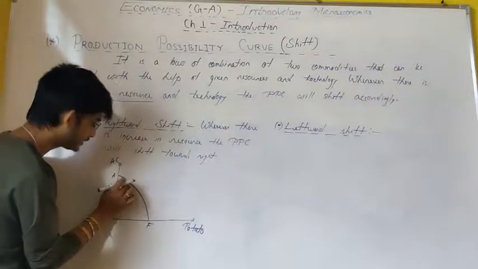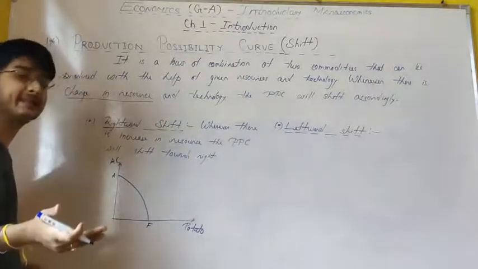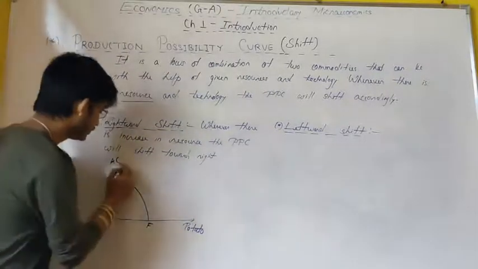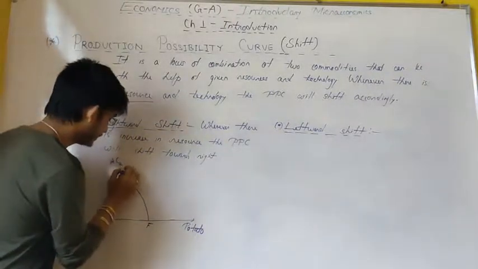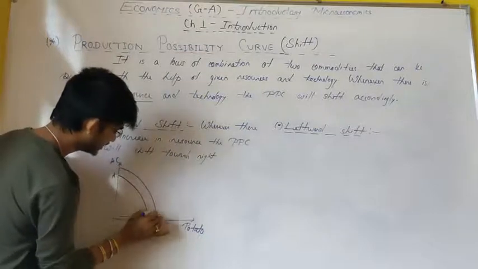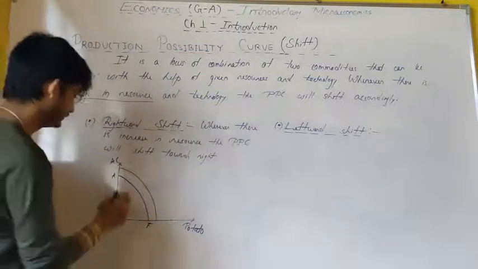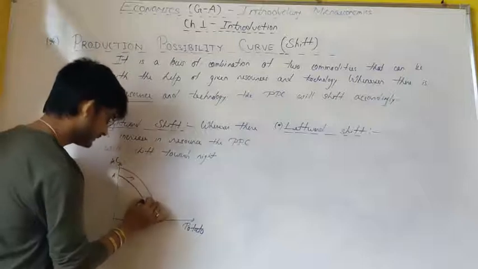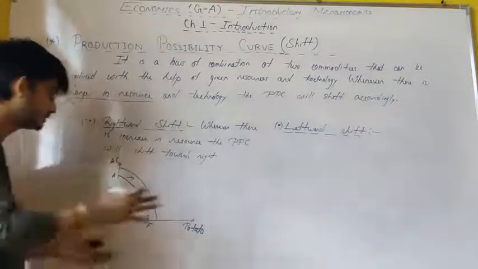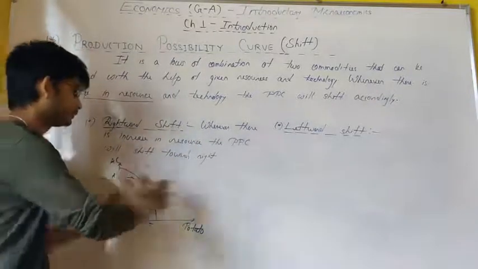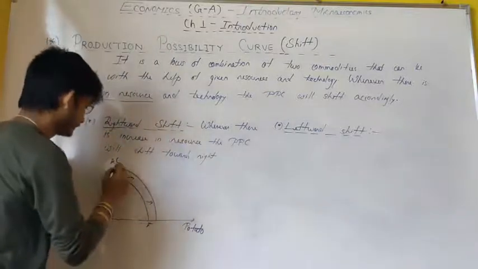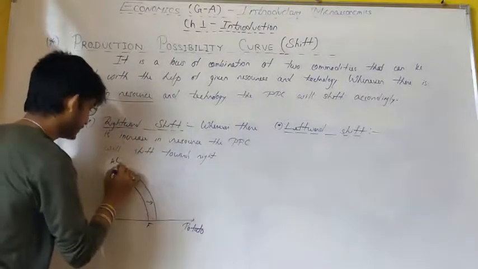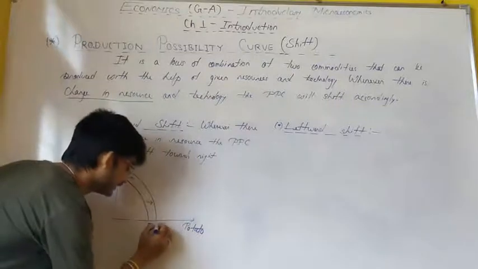The production will increase, and the production possibility curve will now shift towards the right. See, it has shifted from left to right. So let's give it a name, S star, F star.